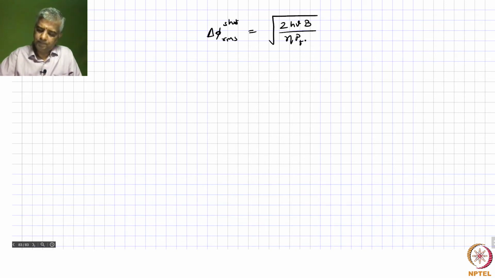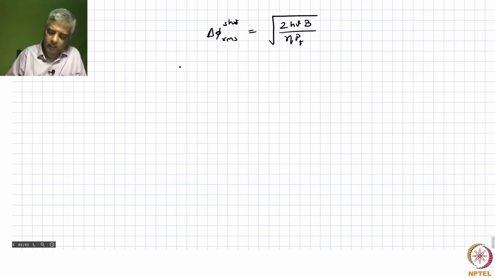Of course, what it says is that in the shot noise limit, it helps to go to a larger value of pt, so that you can get a smaller value of the shot noise limited delta phi, the phase change, right.